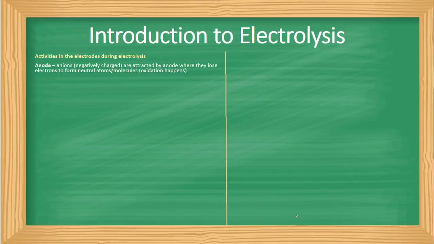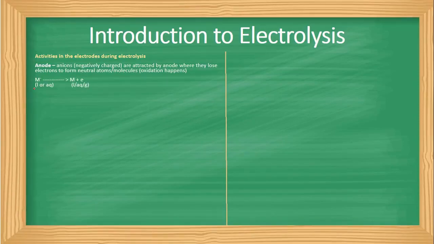Because they have lost the electrons, they are no longer ions, now they are atoms. So the negatively charged ions are attracted to the anode, where they lose electrons to form atoms or molecules. So what happens there is oxidation. Remember, oxidation is the loss of electrons.